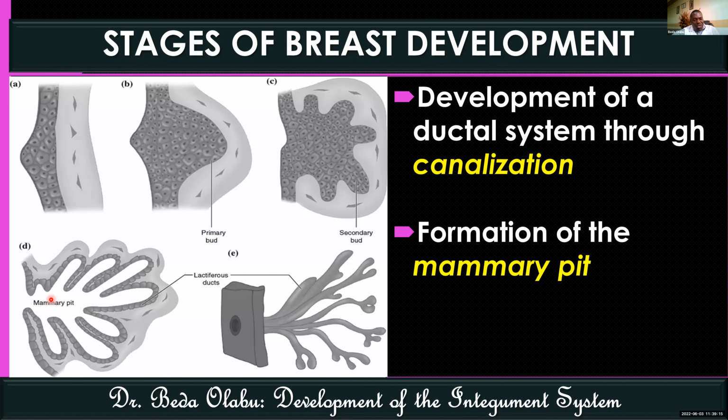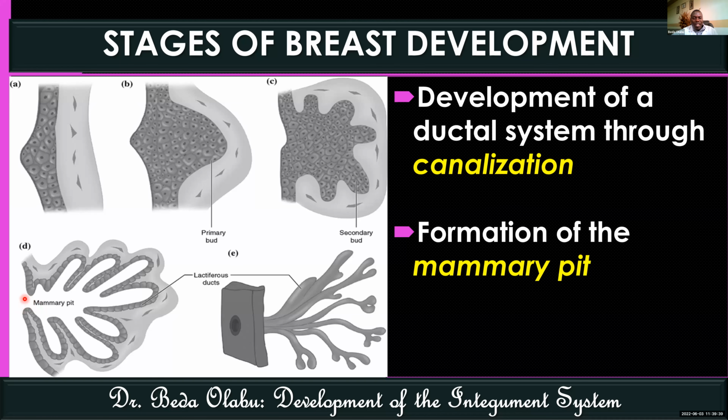As canalization continues, the top part, the region where we had the breast placode, goes inside. It undergoes invagination. Perhaps that could be because of the canalization process and apoptosis. So we have depression at the point of the breast placode.